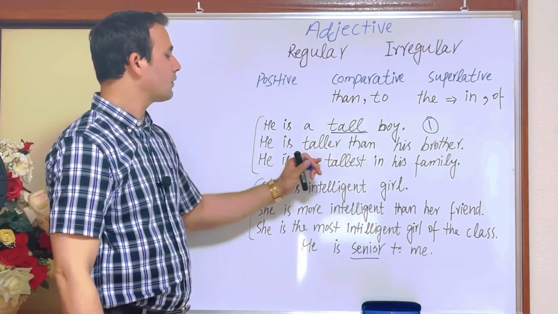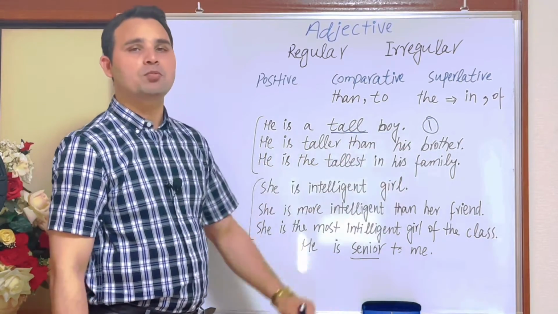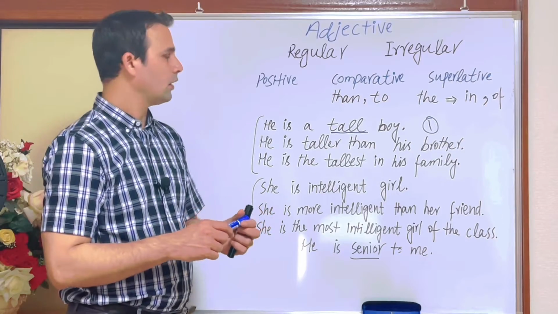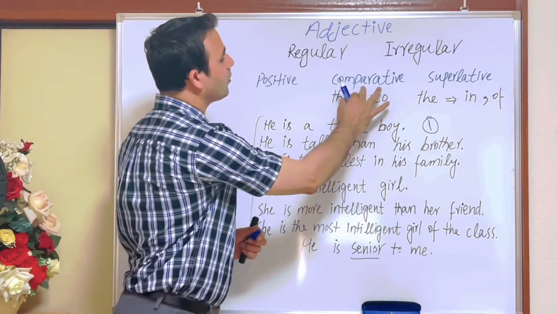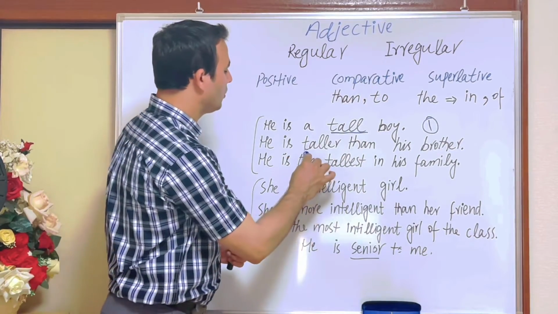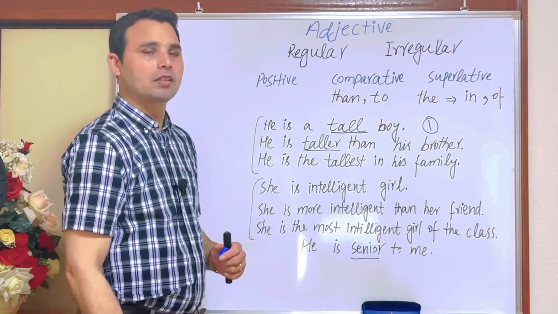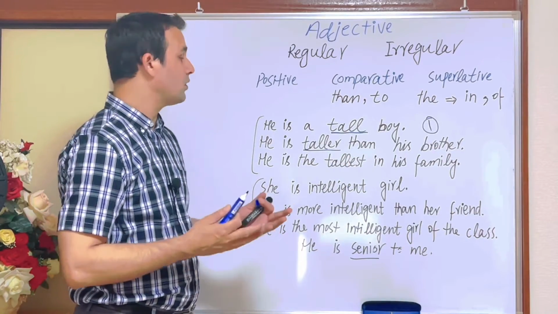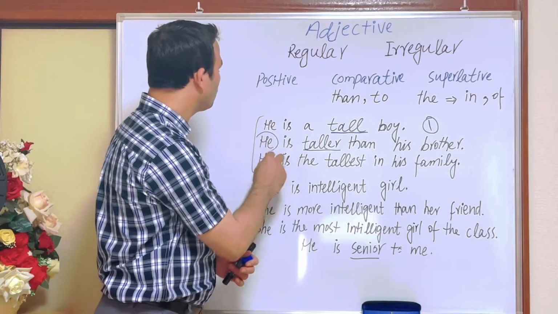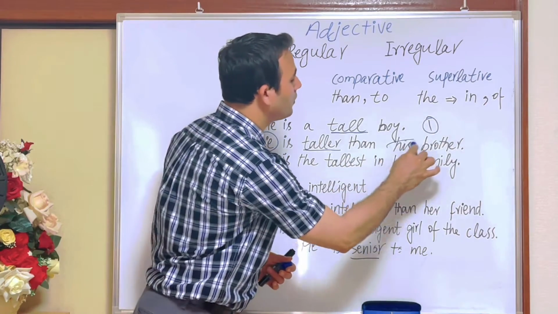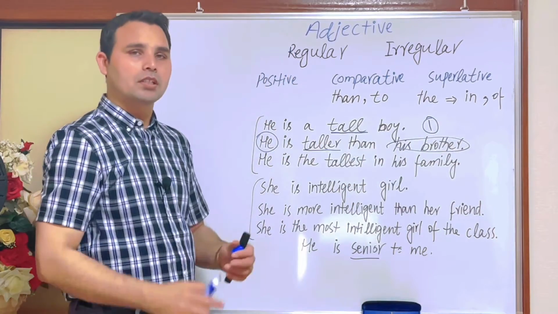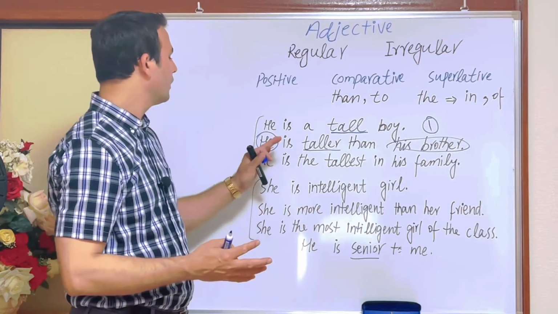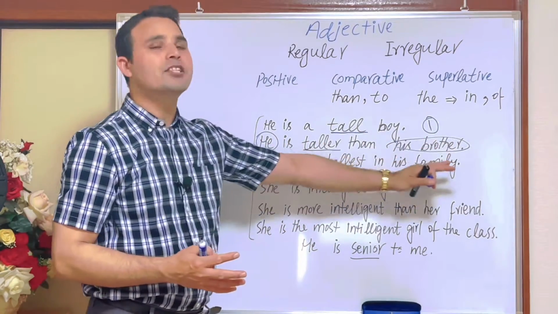Now, he is taller than his brother. Now, we have used comparative degree, taller. And I told you that it is used to compare between two persons, he and his brother. So there is a comparison between he and his brother.